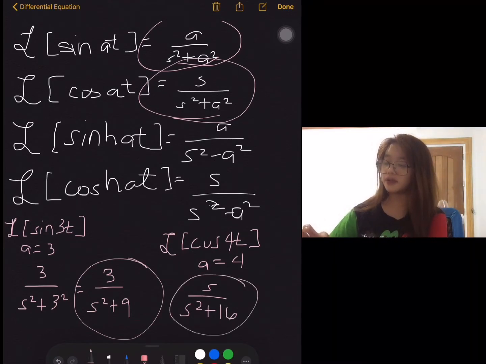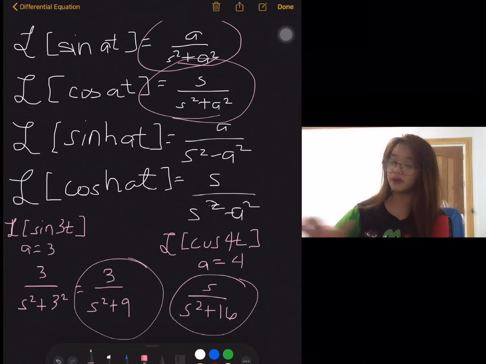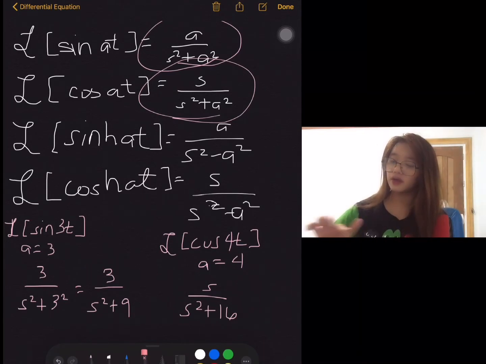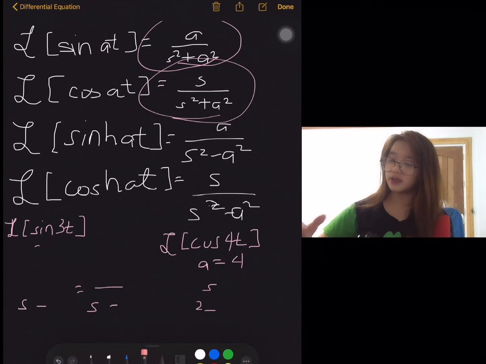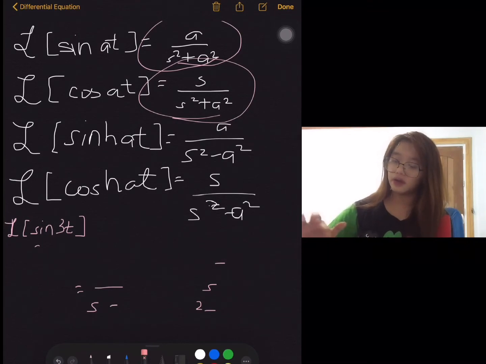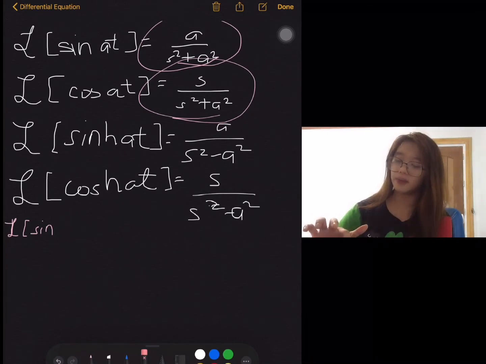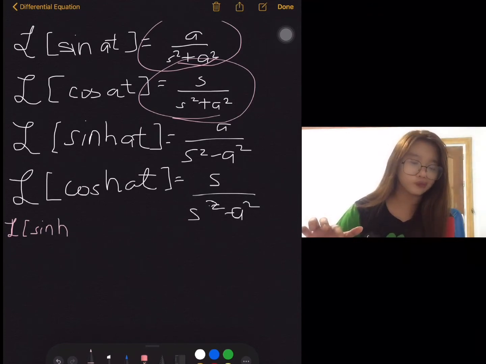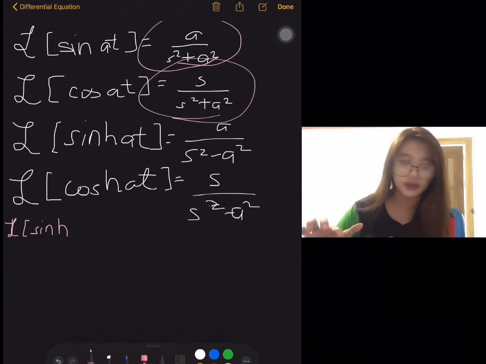Now let's use the hyperbolic one. Let me just erase this one. For the hyperbolic one, let's say we have hyperbolic sine with an a of 3. Let's use 3t, same with sine.